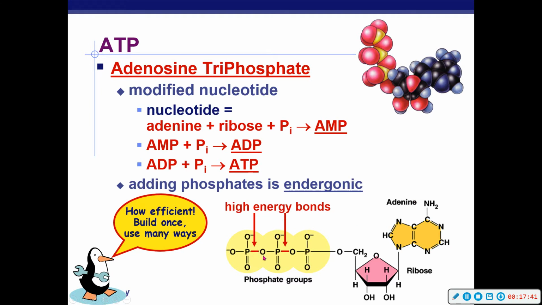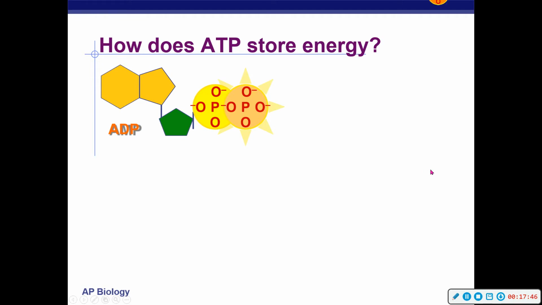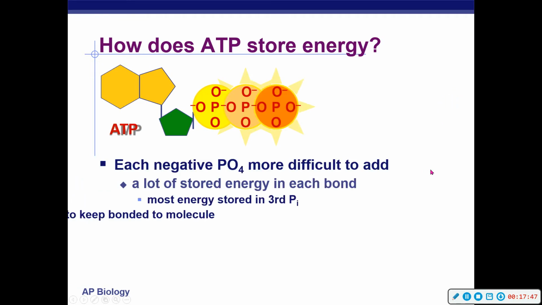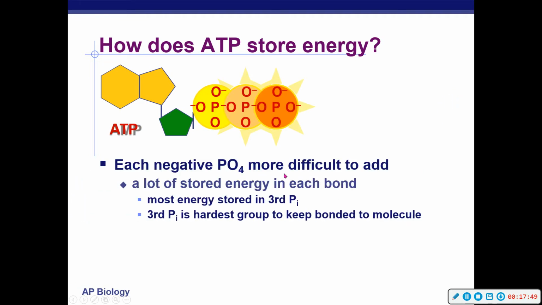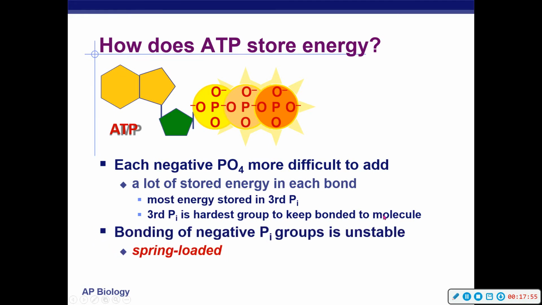These are high energy bonds, like that picture. So each negative phosphate group is more difficult to add. There's a lot of potential energy stored in those bonds. It's like that, especially that last one, is spring-loaded on there.